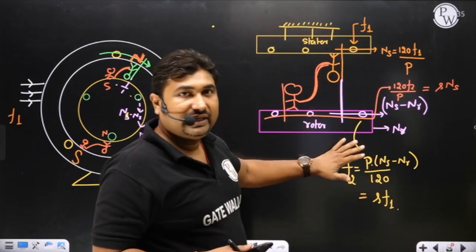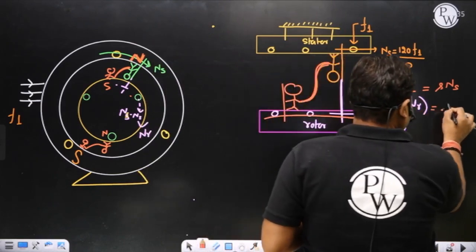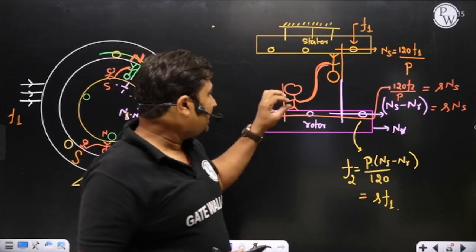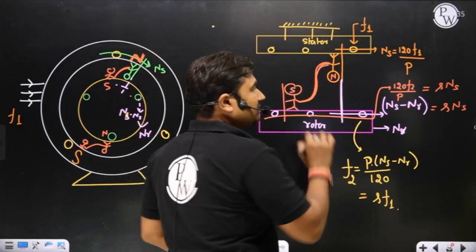Onto the rotor body, the stator field is rotating at a speed of S Ns, and the rotor field is also rotating at a speed of S Ns. So the relative speed between this stator north and rotor south is 0.